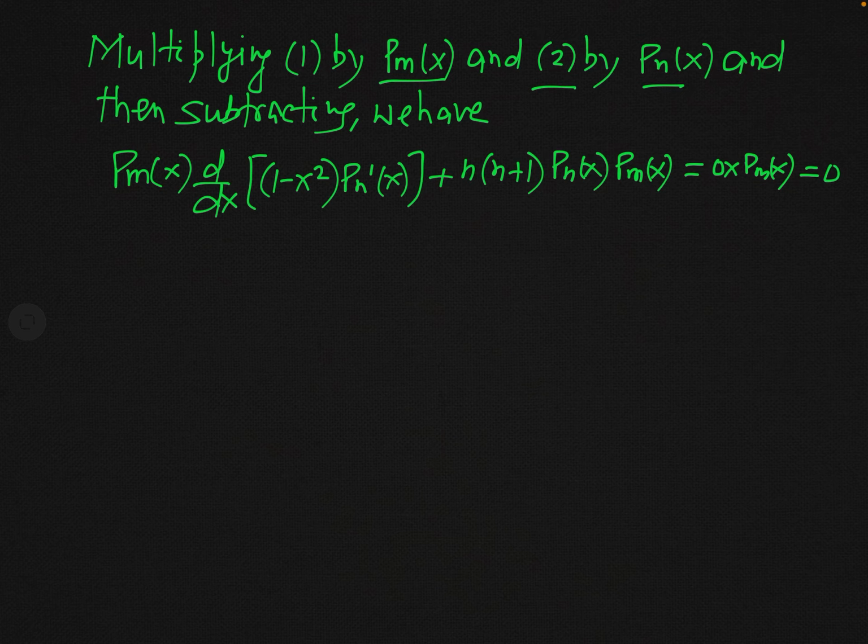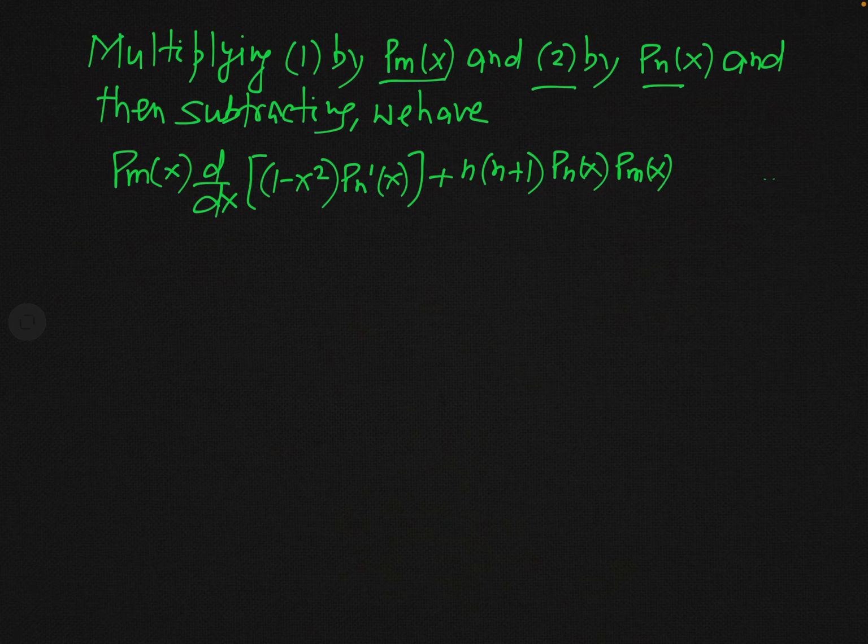And we have to subtract the second equation after multiplying it by Pn of x. So right here we will simply subtract from this the equation number 2 after multiplying it by Pn of x.